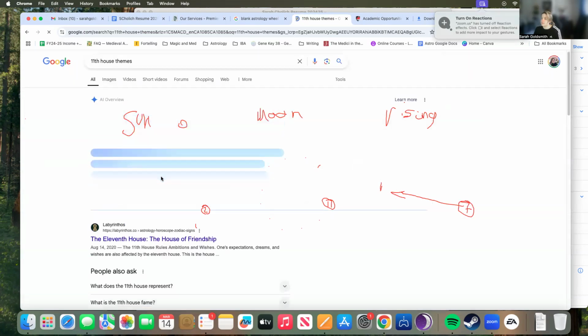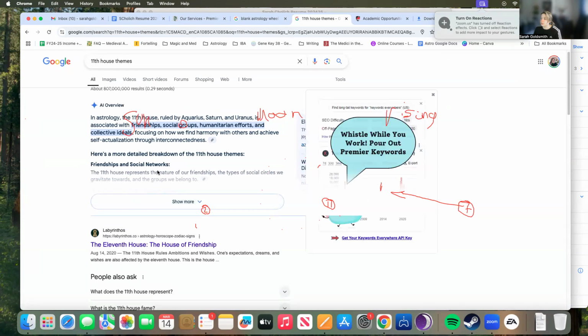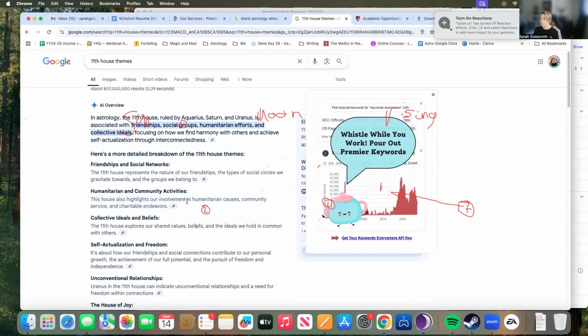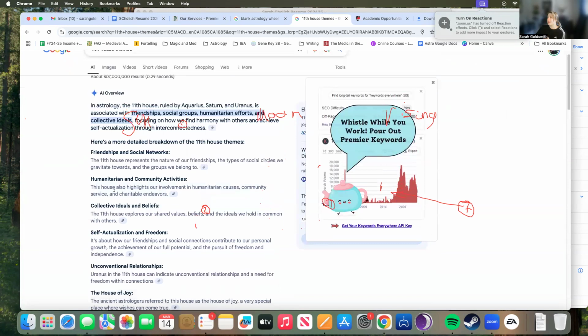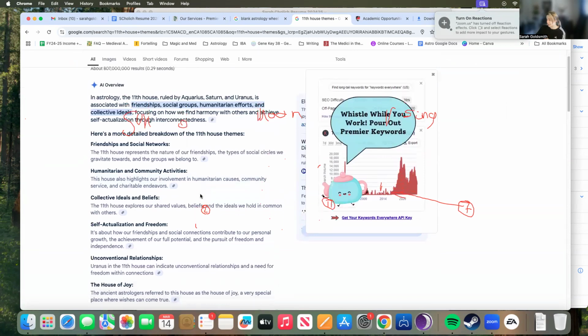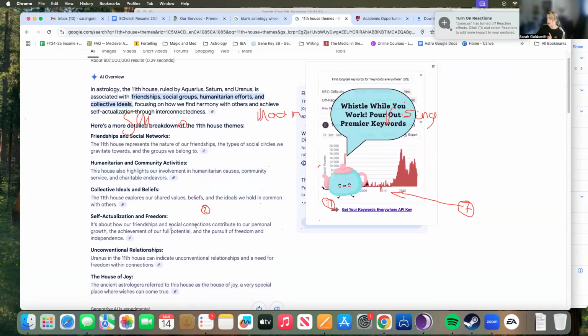Friendships, the nature of friendships, social circles, humanitarian and community activities, which is interesting, because I wouldn't think that is a hot topic, but it is. We'll get into that. Self-actualization and freedom, collective ideals. So I'm liking everything I'm seeing here.